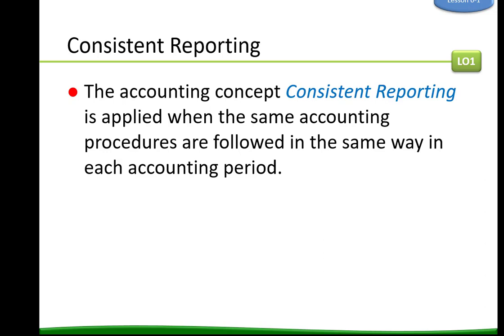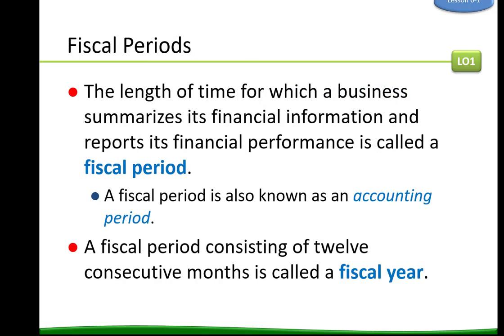Consistent reporting means that we are doing the same things over every accounting period, so that we're having consistent reporting. The length of time in which a business summarizes its financial information is called a fiscal period. A fiscal period does not have to be the same as a calendar year. They sometimes are.